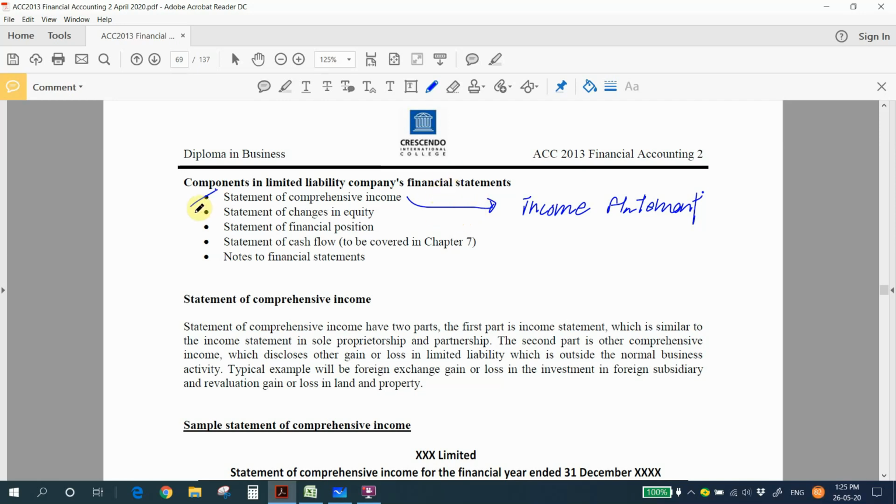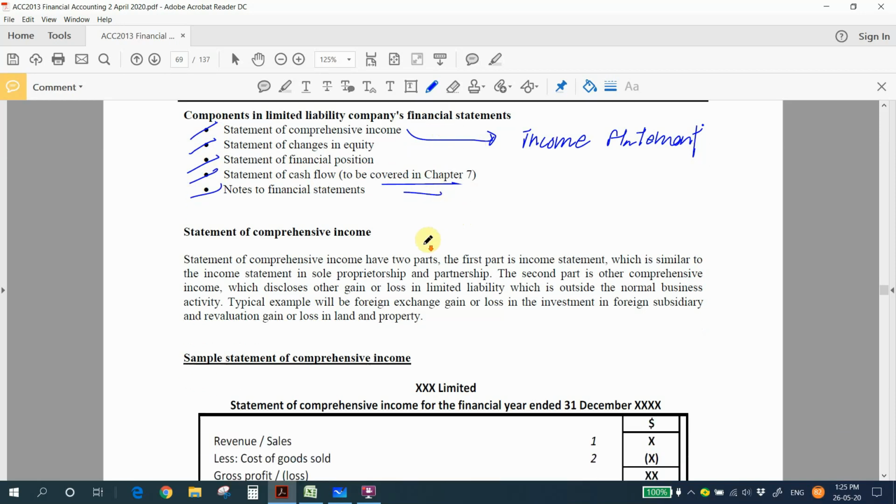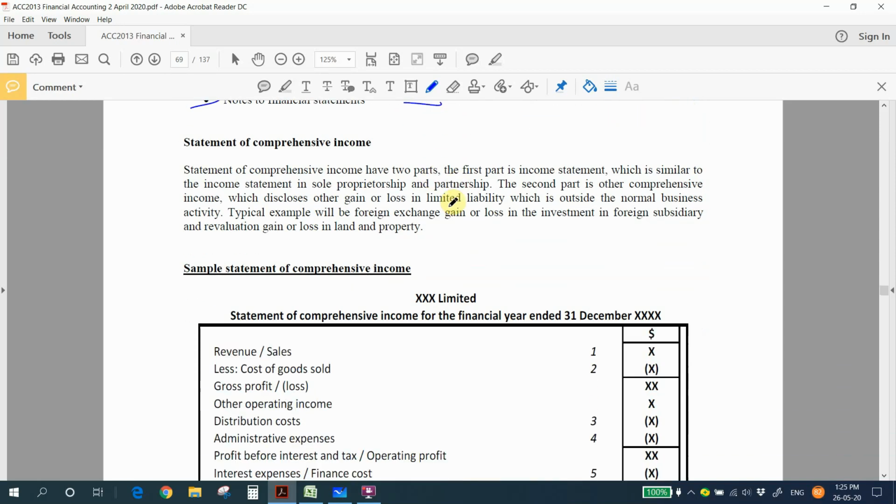And you will have the statement of changes in equity, statement of financial position, statement of cash flow, and notes to the financial statement. The statement of cash flow we will cover in chapter 7, so we will not discuss the cash flow statement here.